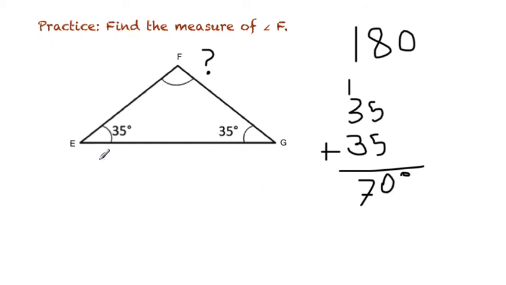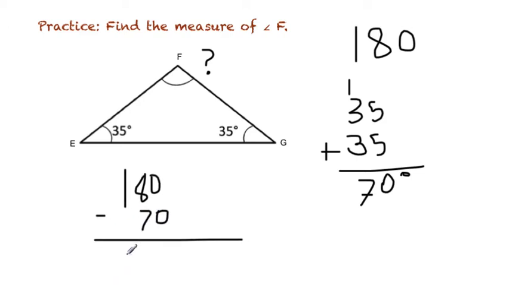Now we know that these equal 70, so then we have to think, okay, well if all of them equal 180, we just have to subtract 70 from 180. So we do 180 minus 70. So 180 minus 70 is just going to give us 110 degrees.